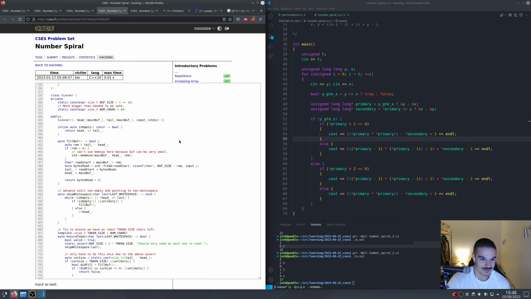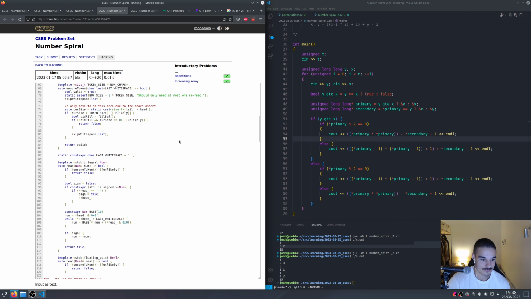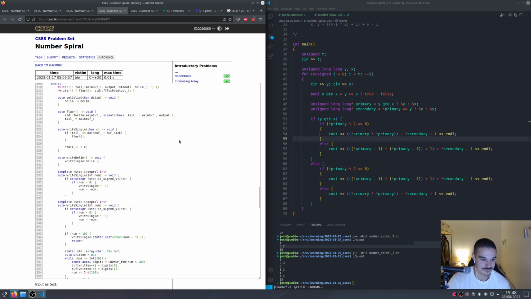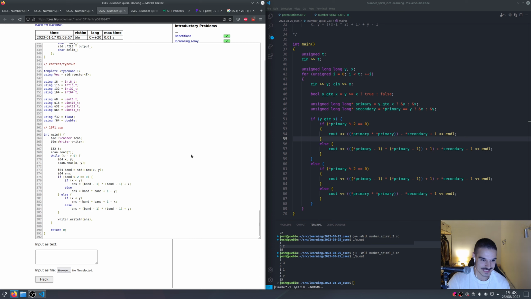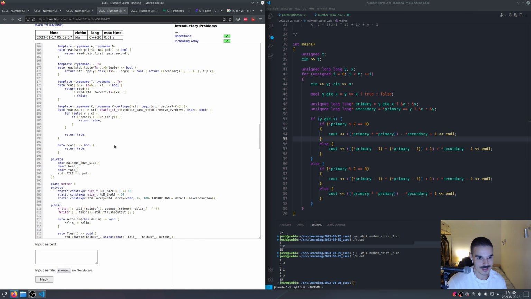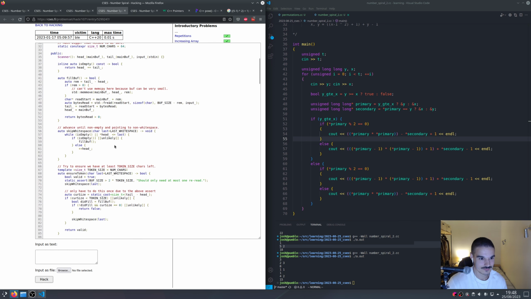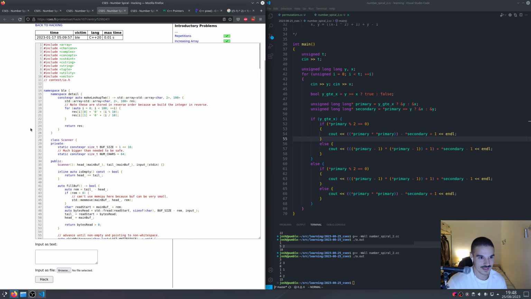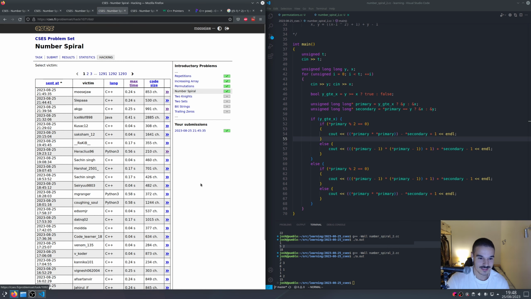Can't use mem copy here because buff can be very small. Wow. And then there's the same logic in there, but with a custom scanner and writer that I guess were designed to be faster than STD cout, I guess. That's amazing. That's great.